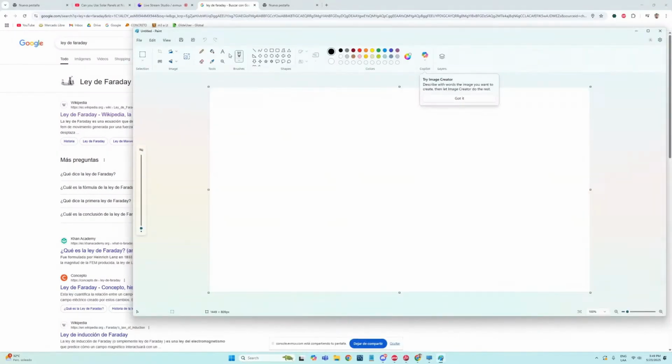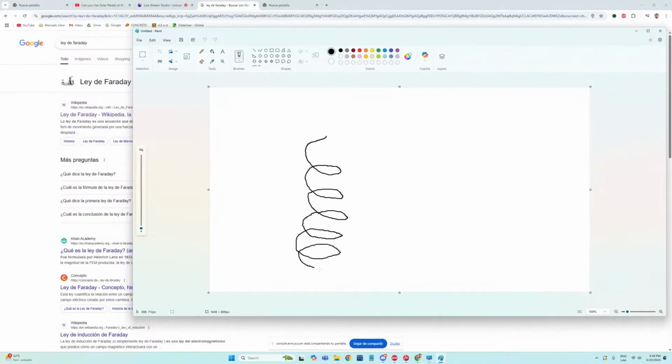So say that we have the coil, right? I'm going to draw the coil. We have negative on this side and positive on this side.